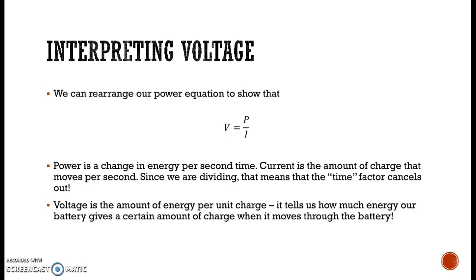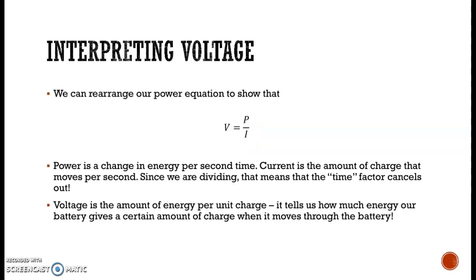That is still a valid interpretation of voltage, but the more traditional interpretation of voltage is related to energy and power. If we look at this power equation, P equals I times V, power is current times voltage, we can rearrange it to show that our voltage is just the quotient of power and current.